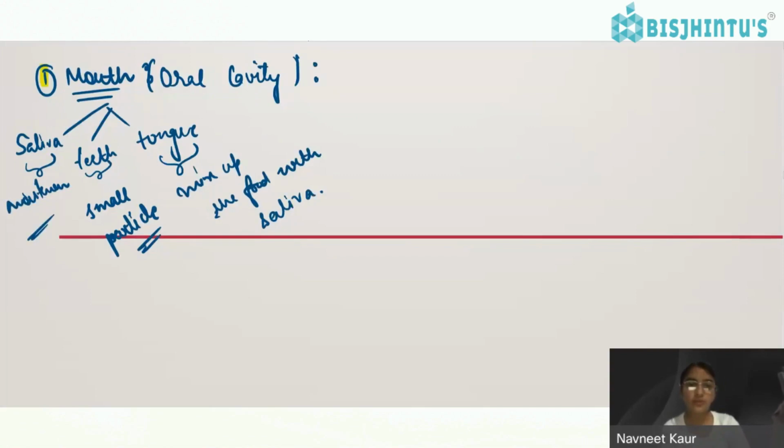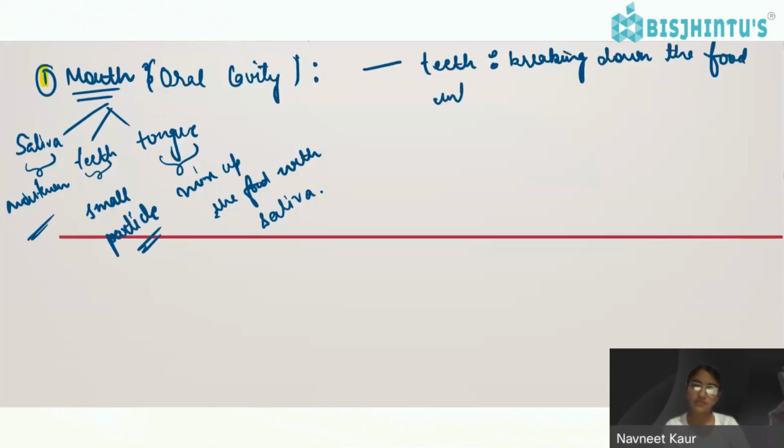So in the mouth we have three parts. The first one is teeth. Teeth are responsible for breaking down the food into small particles. Then the salivary gland releases saliva.